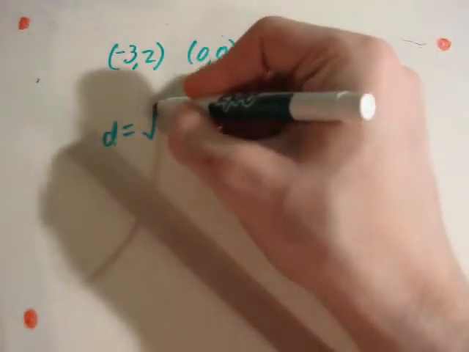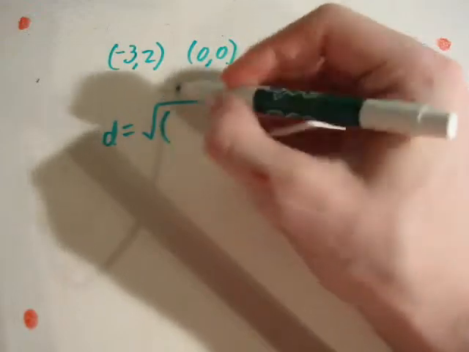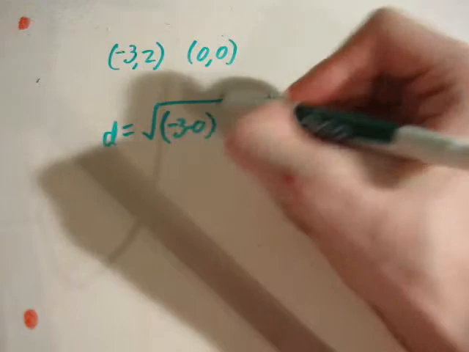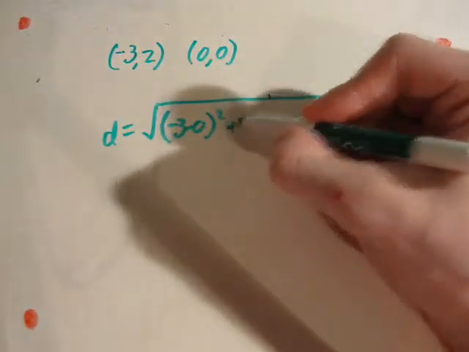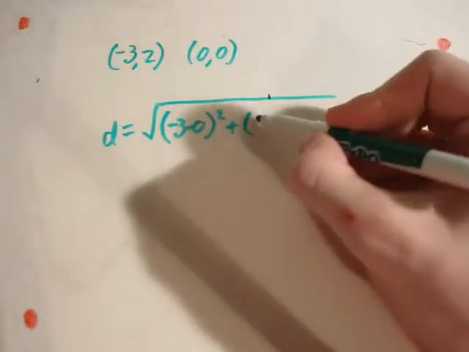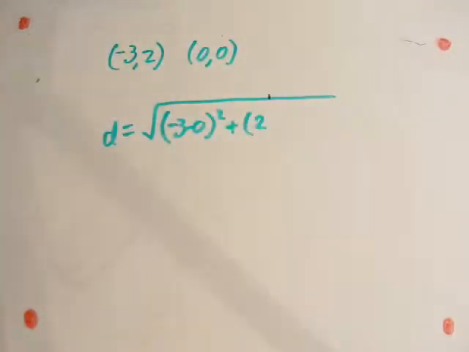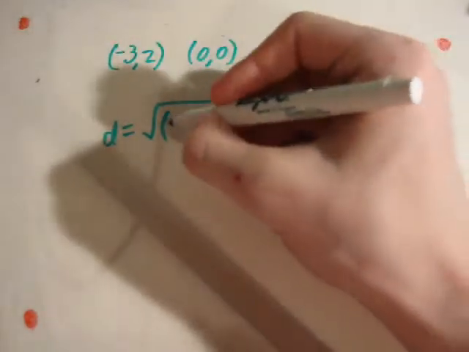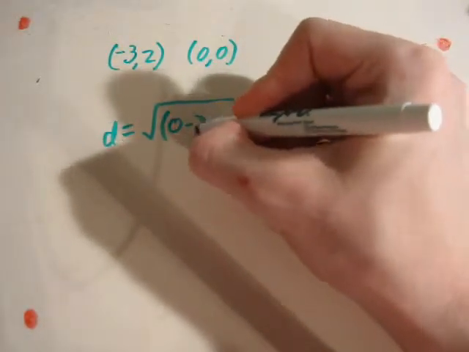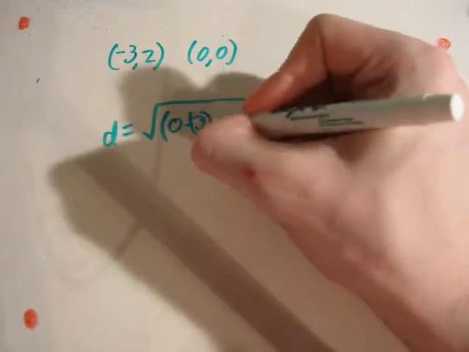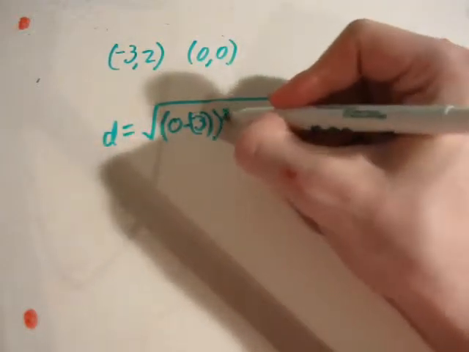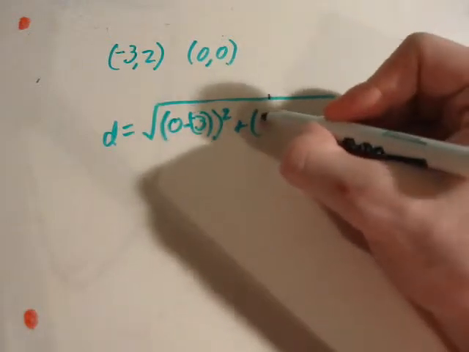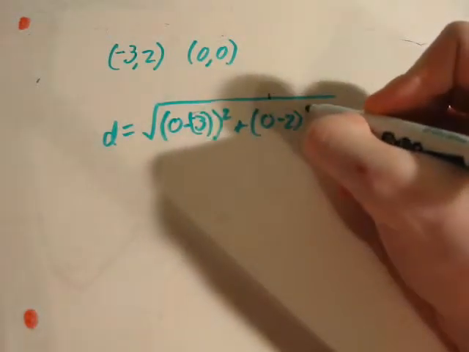D is equal to the square root of negative 3 minus 0 squared plus 2, 0 minus negative 3 squared plus 0 minus 2 squared.